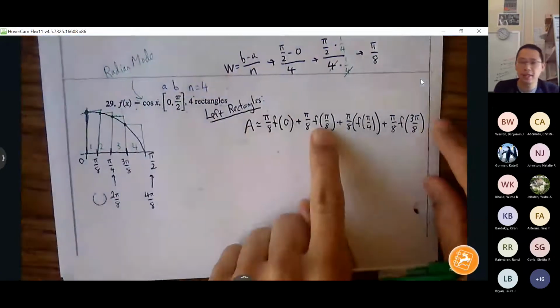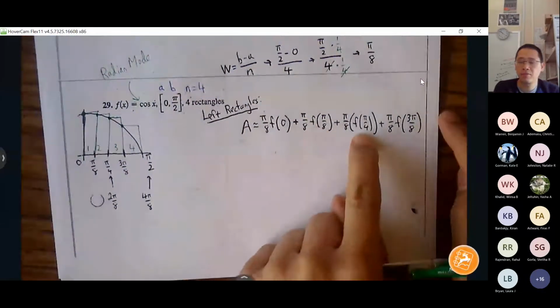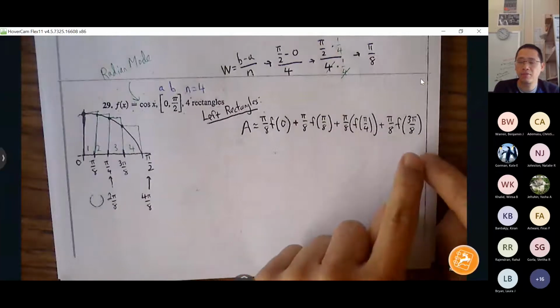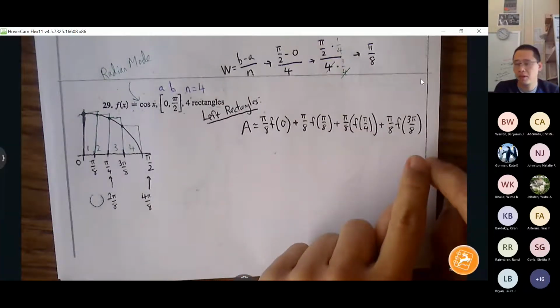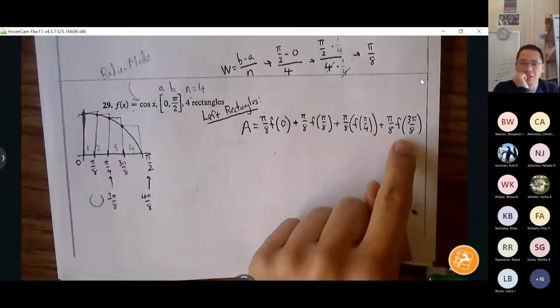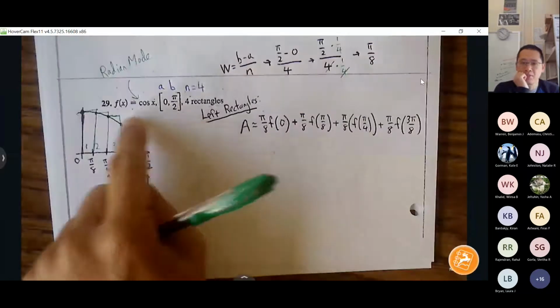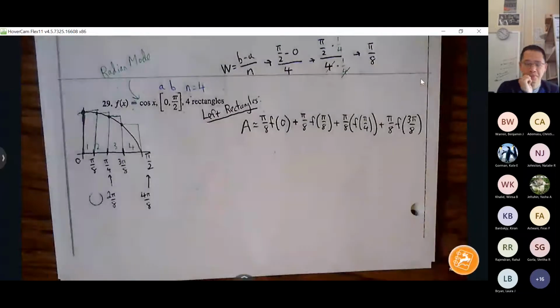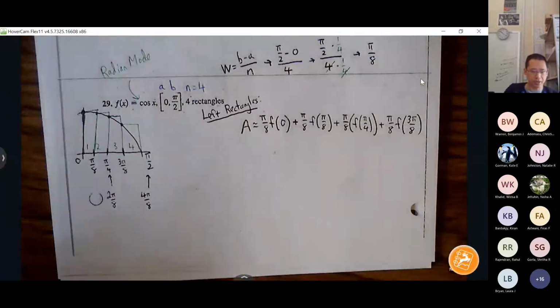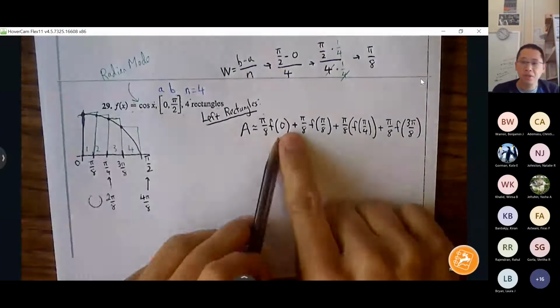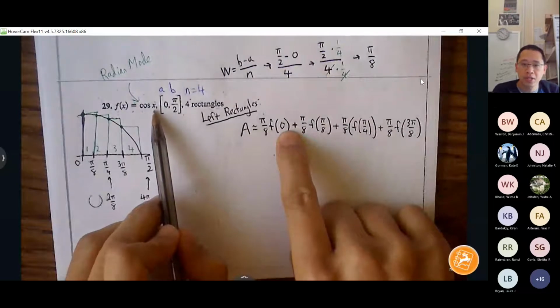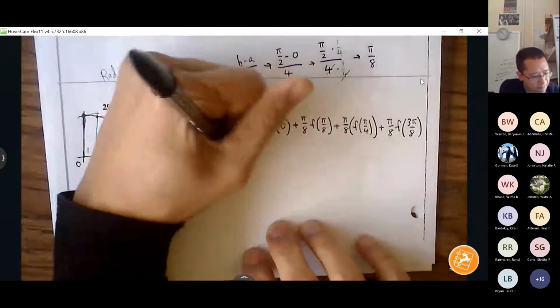We don't see 15 degrees, we don't see 45 degrees, we don't see 85 degrees. These are all going to be in terms of pi, so radian mode. So in the calculator, f of 0, if I plug 0 for x, cosine of 0 is 1.